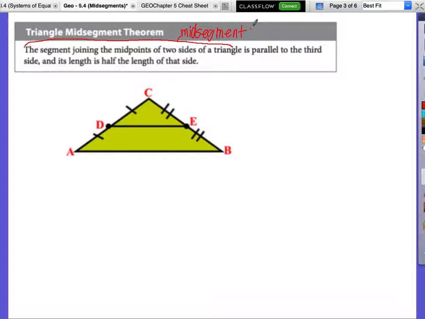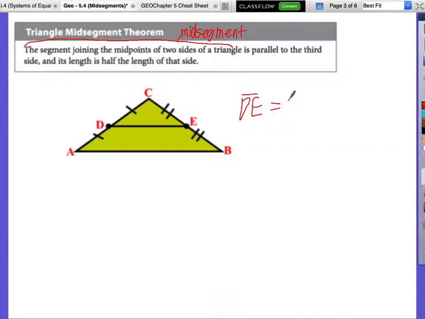Yes, well, I'll walk through this one. So on this triangle right here, we have D is the midpoint of AC, isn't it? We can tell because of those dashes there. And E, is that the midpoint of CB? Yeah. And so segment DE would be our midsegment, right?